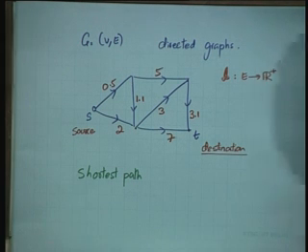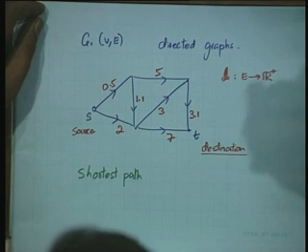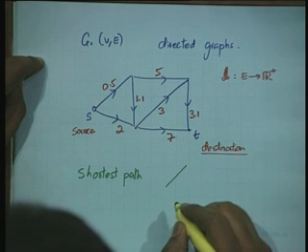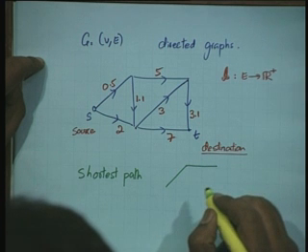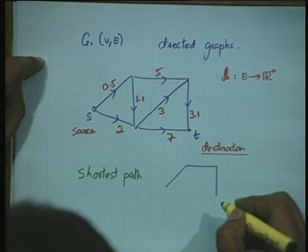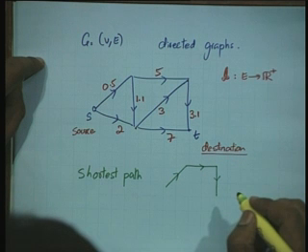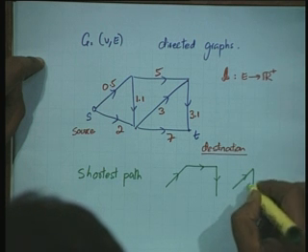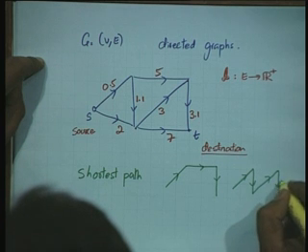How many different paths are there in this graph between S and T? Four only. So, there is one path I go like this, then I go like this, and then I come back here. That is one path, right. The other path is I go like this, I come down, then I go like this and then I come down.